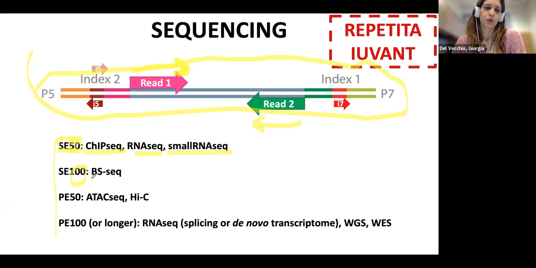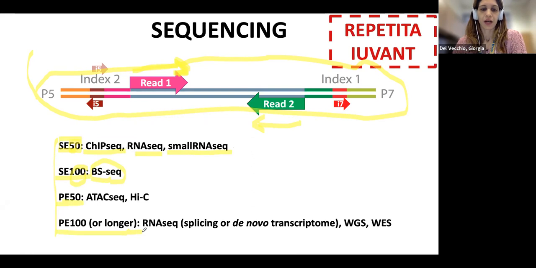If we want to look at the methylation, we need at least a single end 100. If we are going to perform an ATAC-seq or ChIP, we need paired end 50 at least.